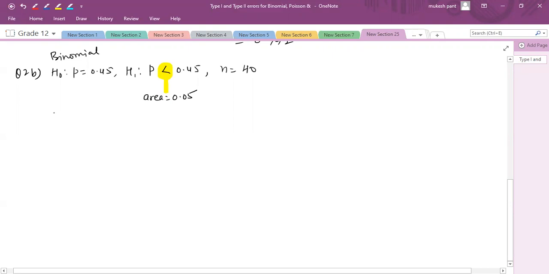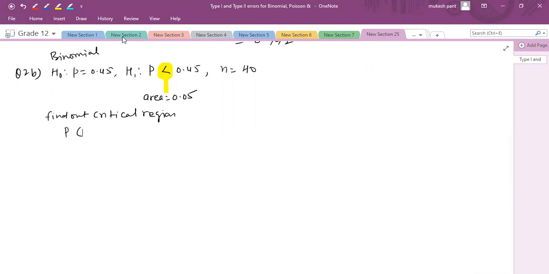So here we have to find the critical region. Since this is a less than test, you have to find the largest value of x, and in case of the less than side, it will be a plus 1.